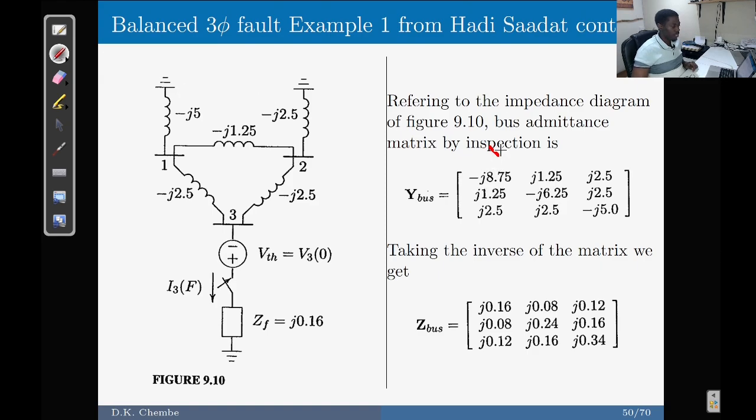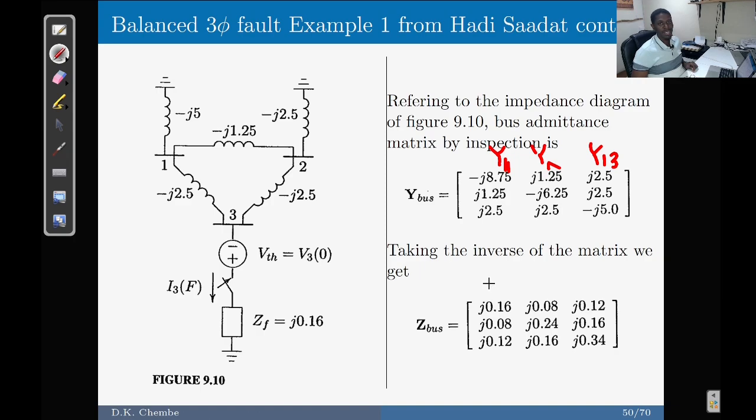3x3 matrix. So this is our Y11, Y12, Y13, and so forth. This is Y21, Y22, Y23, Y31, Y32, Y33. Okay? Then we take the inverse of this matrix. You can use the LU decomposition method.